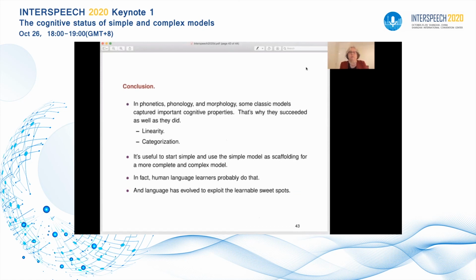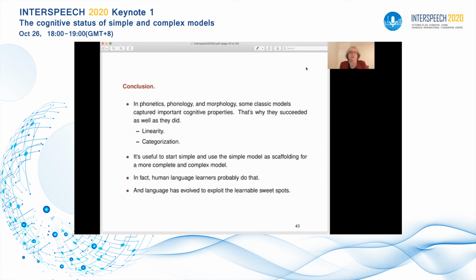So in conclusion, trying to pull all three cases together, in phonetics, phonology, and morphology, some classic models captured important cognitive properties, and that's why they succeeded as well as they did. And the two properties I've highlighted are linearity and categorization.